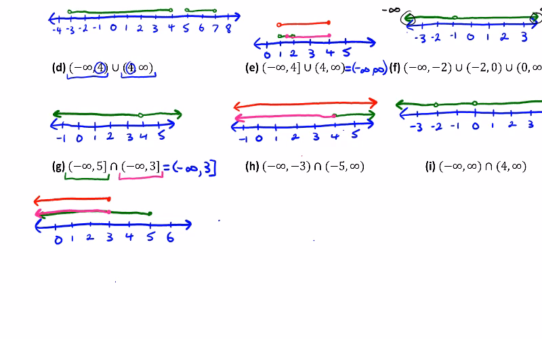So that means that I can more simply write the intersection as being equivalent to -infinity to 3. Do the same thing for part H. With part H, we have 2 sets again, looking for the intersection.